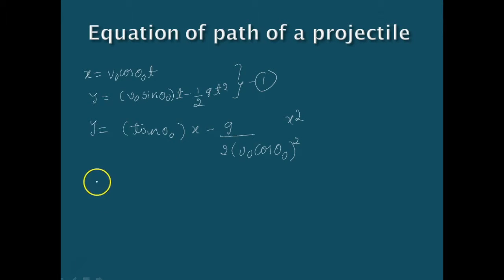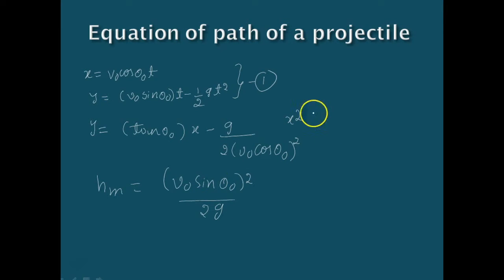Or we can write it in other words as hm is equal to v naught sine theta naught whole square by 2g. Now g, theta naught and v naught are constants.